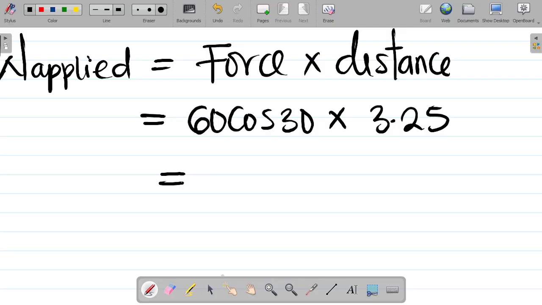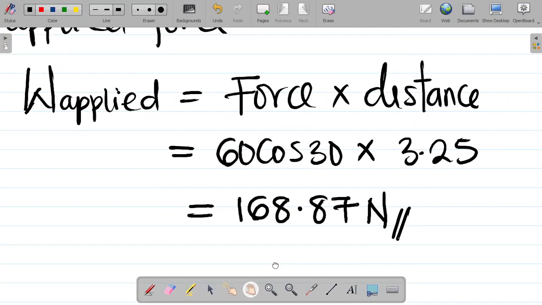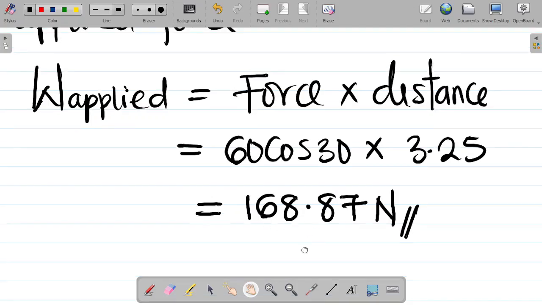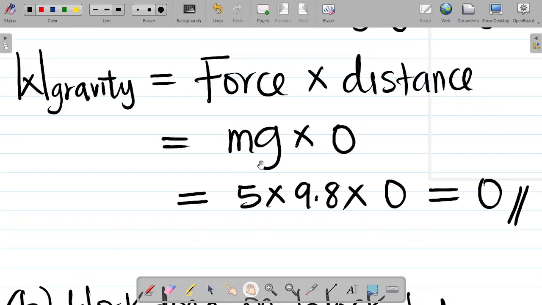Now, if I combine this, my value here gives you 168.87. Work is measured in Newton, so it becomes this in Newton. So the work done by the applied force is 168.87 Newton approximately.